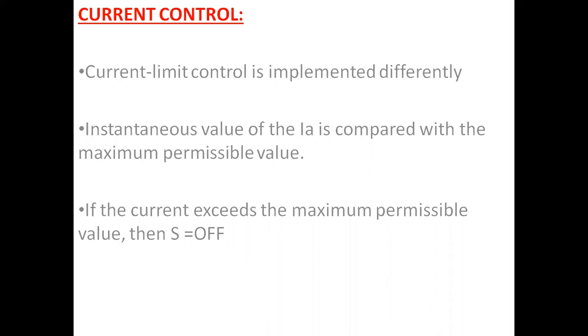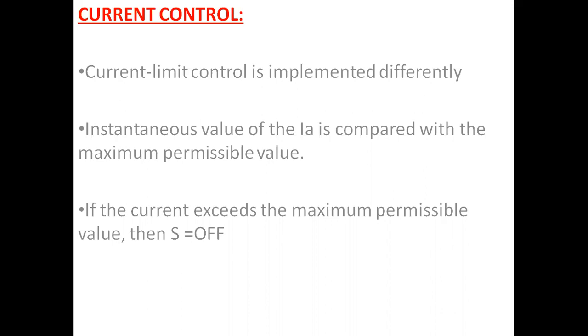The chopper has a self-commutated semiconductor switch that can turn off at any instant. Due to this advantage, the current control limit is implemented differently. Instead of average values, if you take the instantaneous values, the armature current is compared with the maximum permissible value.